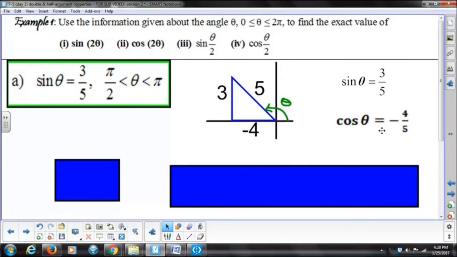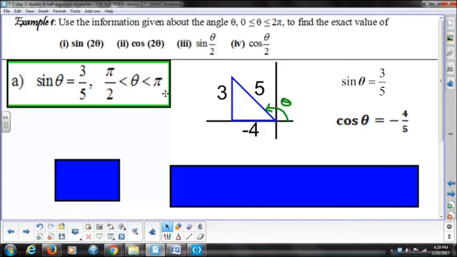Because if you look at your half argument properties for sine, cosine, and tangent, at least one of the tangents, they have a plus or minus. And the plus or minus, you have to figure out, is it going to be positive or negative? So the way you do that is you have to figure out where is theta over 2. So right now, half theta. Right now, theta is in the second quadrant. So we're told theta is between pi over 2 and pi.